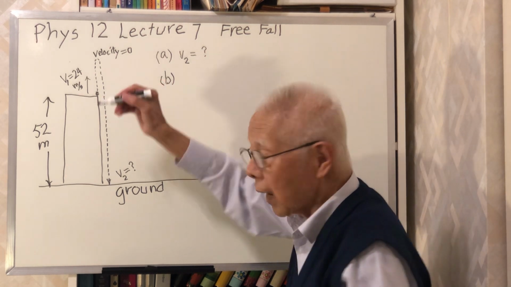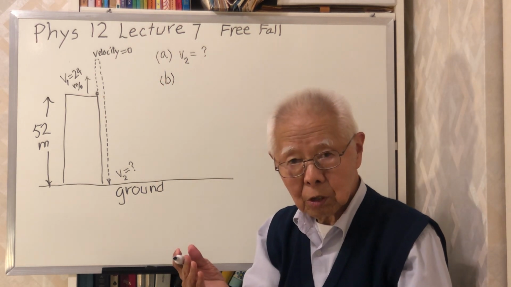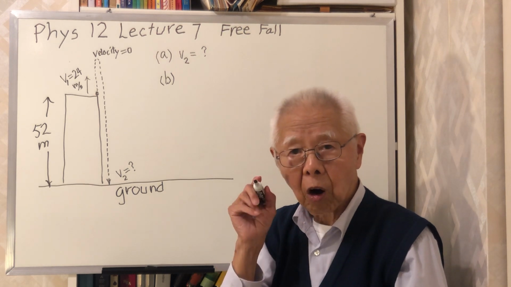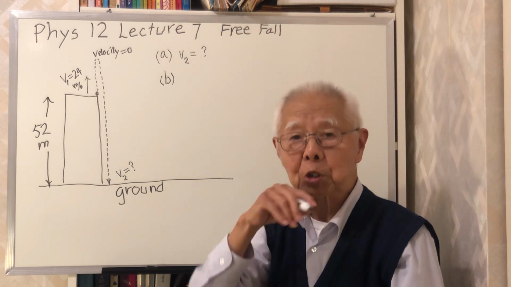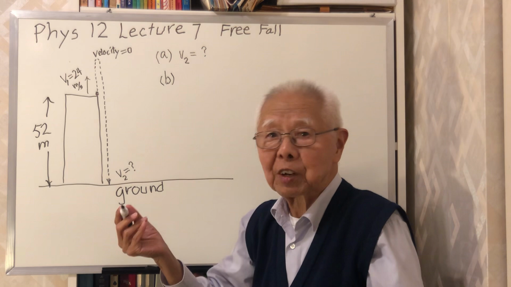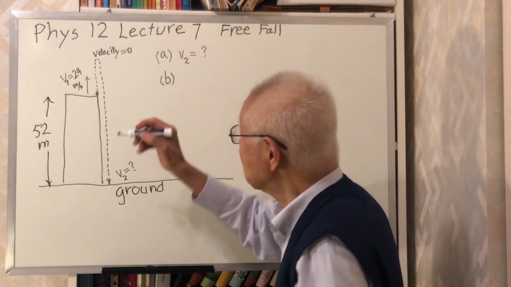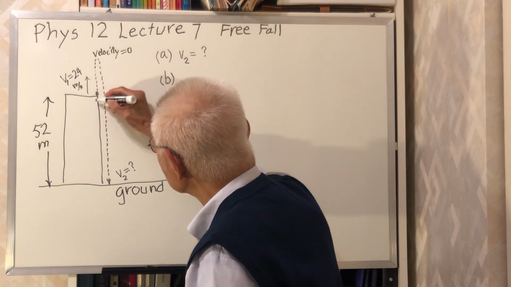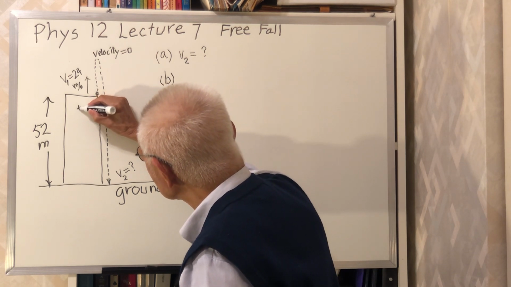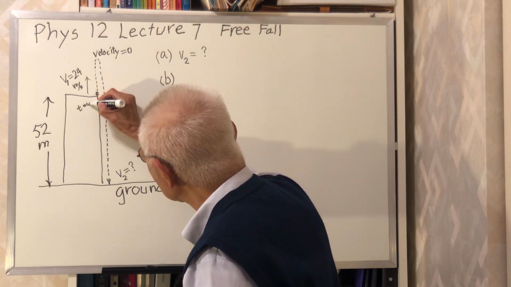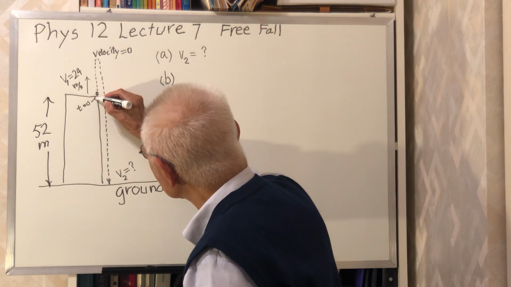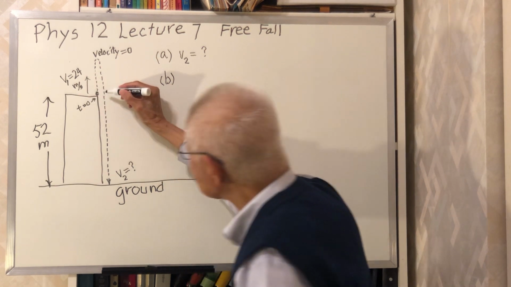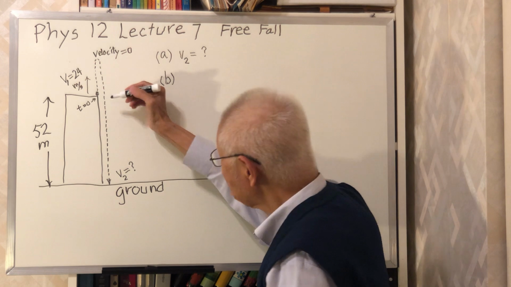Suppose at the moment you throw it up, you call the time 0. You start from t0. That's very natural, right? Time is 0 here. At this position, T is 0.